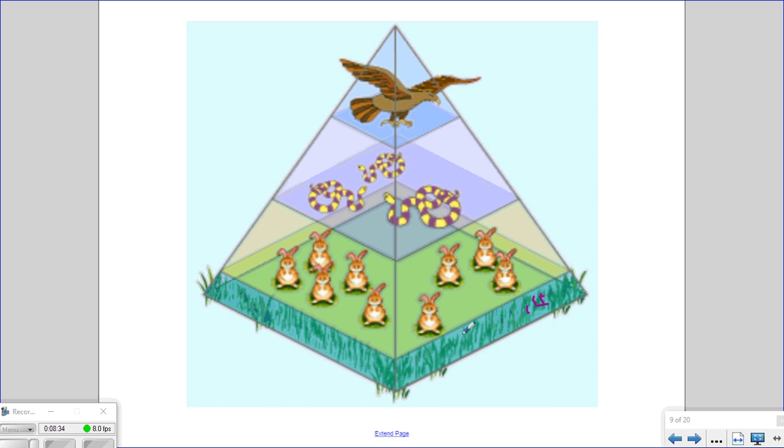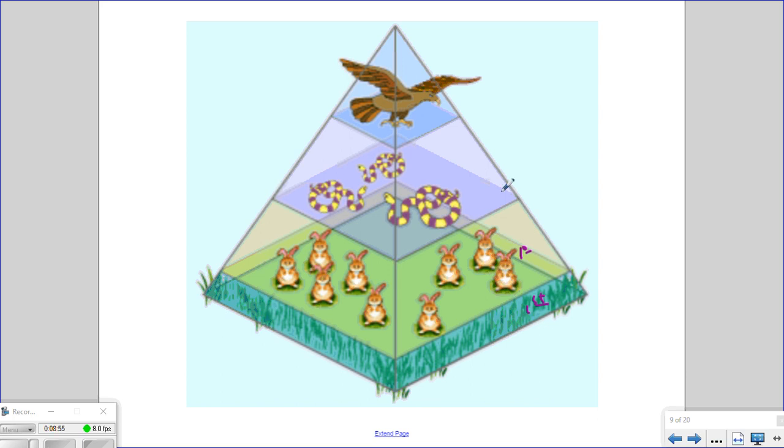So if you think about grass, you've got a lot of grass compared to everything else. And these primary consumers here, because there's a lot of grass to support, these rabbits, they tend to be in a higher number. Although there's a lot fewer rabbits than there is grass.